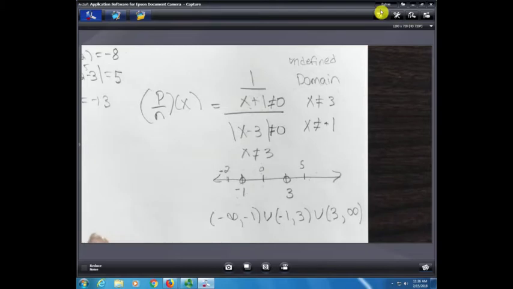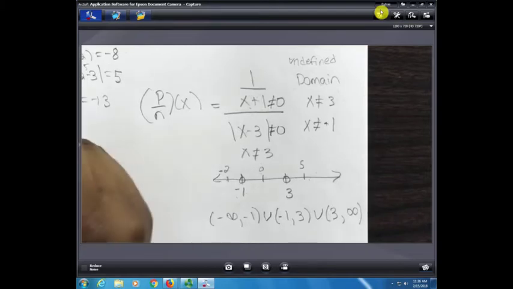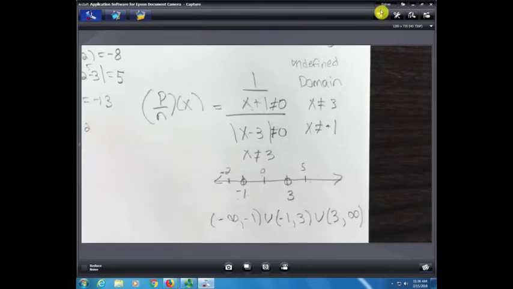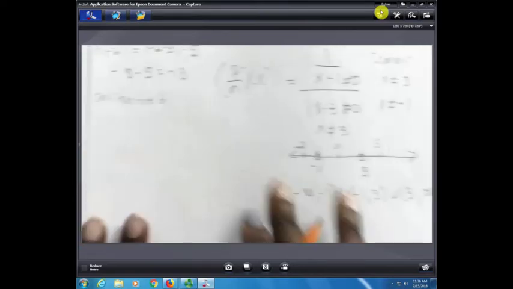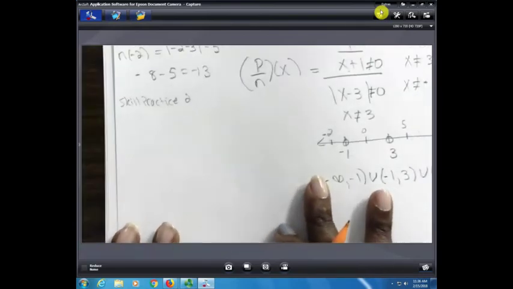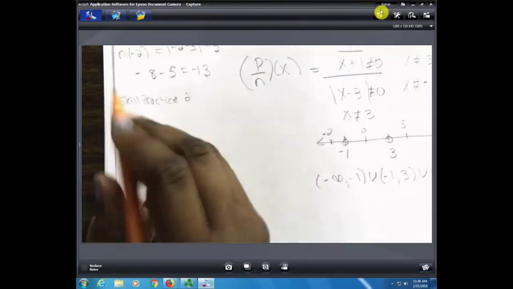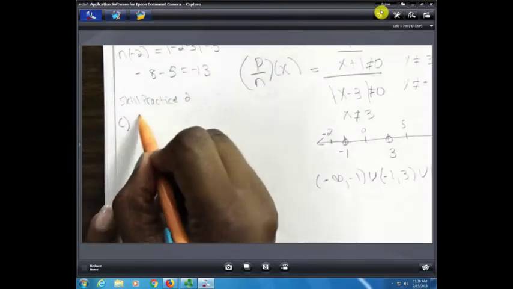Alright, so let's look at the skill practice 2. And let's look at skill practice 2C. And we're using the same P and M functions.